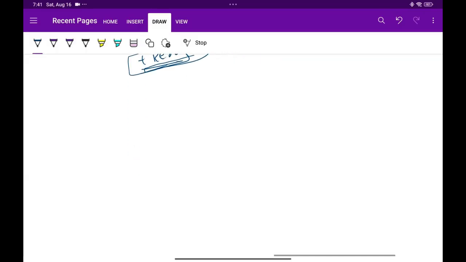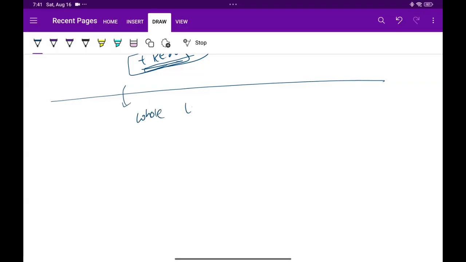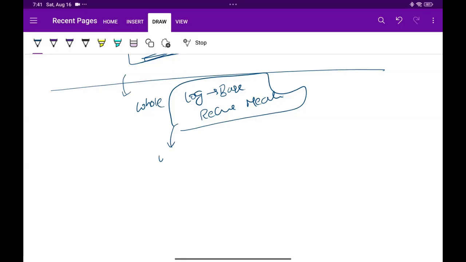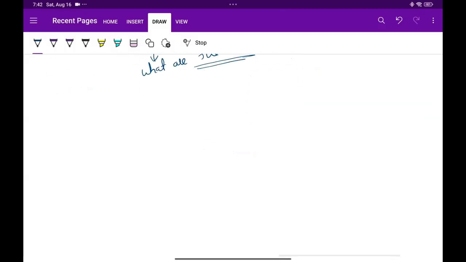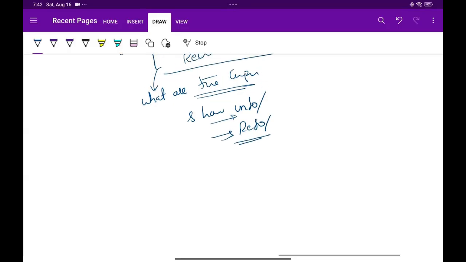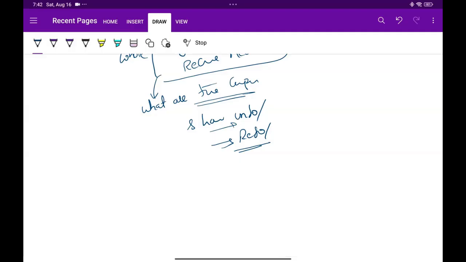In the next lecture I will cover the whole log-based recovery mechanism: what components are used, what the components are, and how undo and redo happen. These three points we will cover in the next lecture.